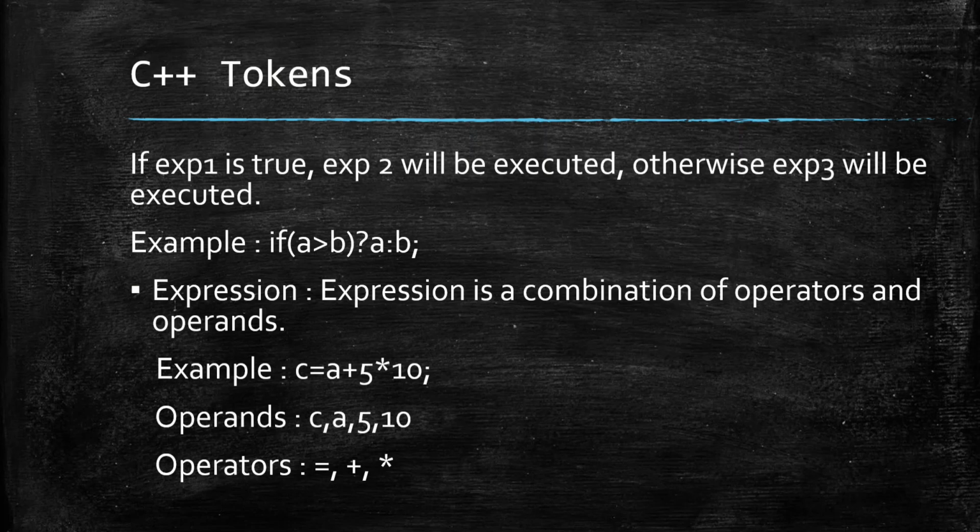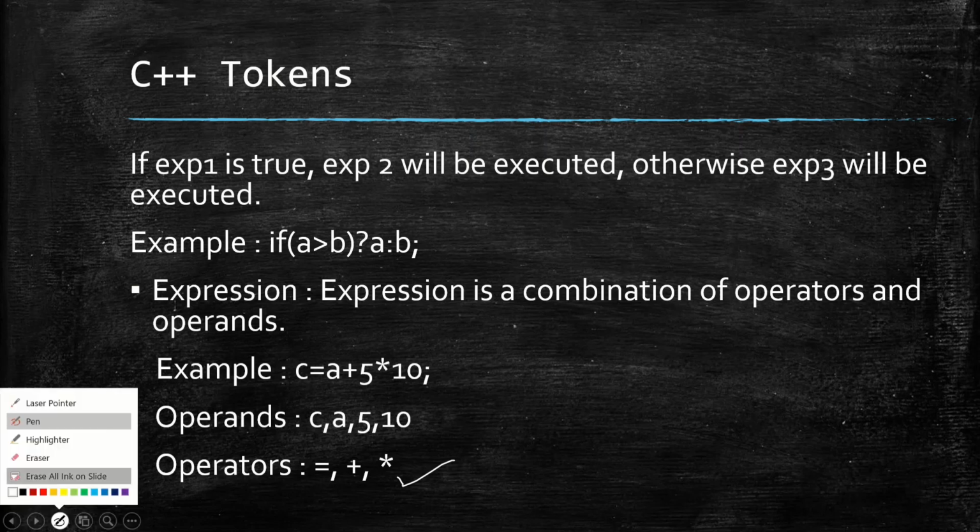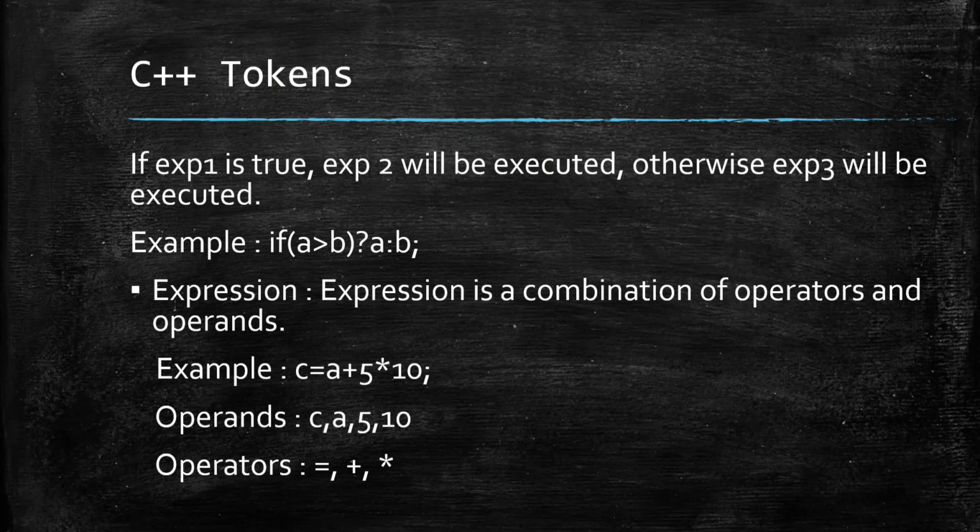C, A, 5 and 10 are my operands, means these are getting operated by operators. Now what are my operators? Is equal to is the assignment operator, plus for addition, and the star is used for multiplication. Fine, so these are all my operators and C, A, 5, 10 are all my operands.